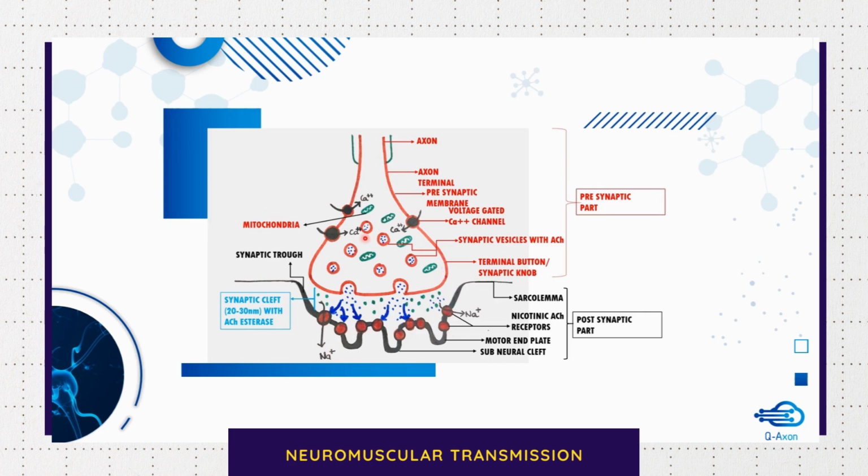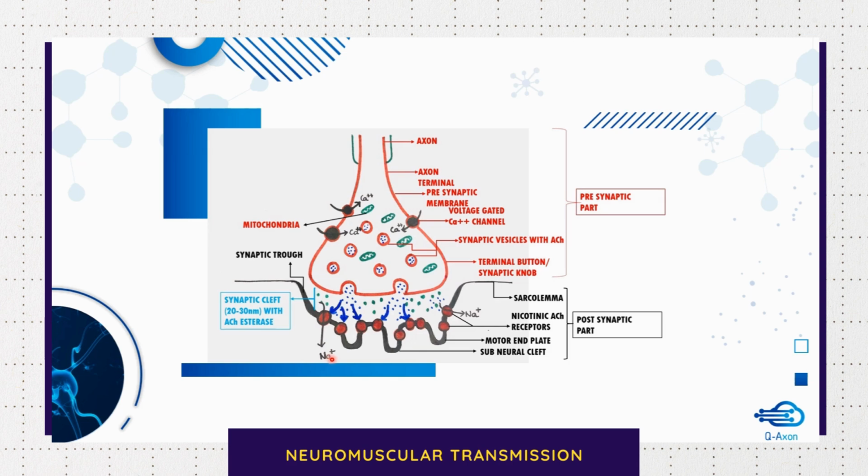Now, when a signal is transmitted, the neurotransmitter, that is acetylcholine, is released into the cleft and then it binds to its specific receptors present on the motor end plate. These receptors are called nicotinic acetylcholine receptors. Now, in truth, they are nothing but sodium channels which open the moment acetylcholine binds to the receptor.